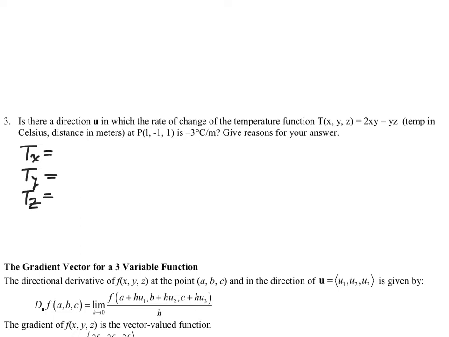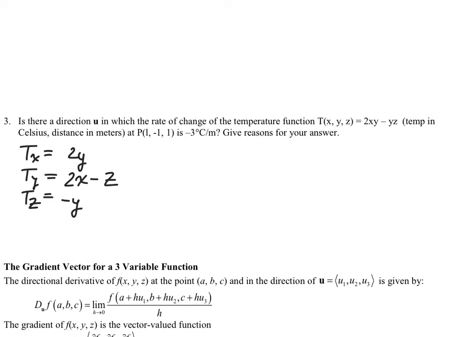So with respect to x, I just get a nice 2x. With respect to y, I'm sorry, I get a 2y. That was weird. With respect to y, I get the 2x minus z. And then with respect to z, I just get negative y.